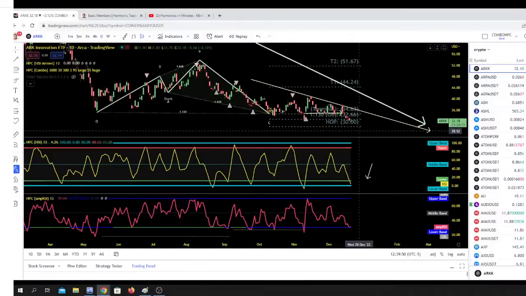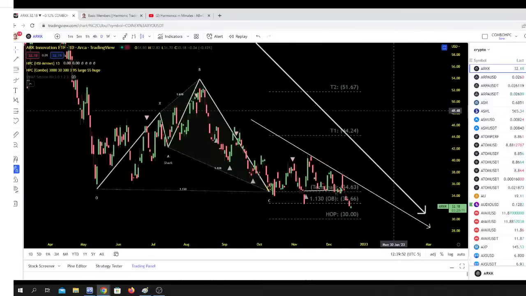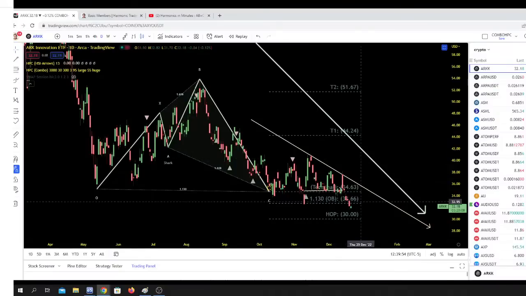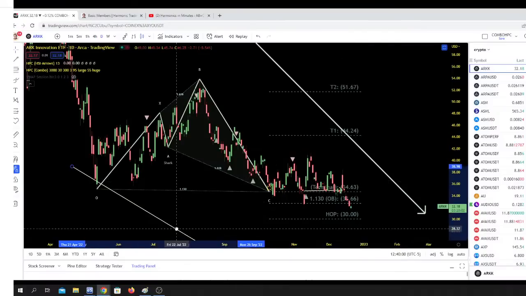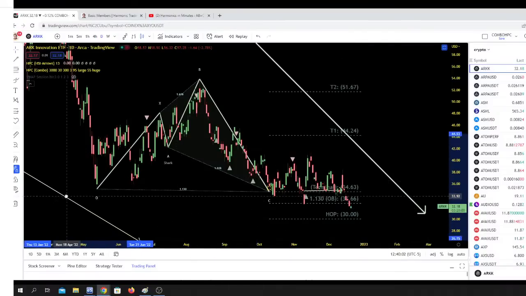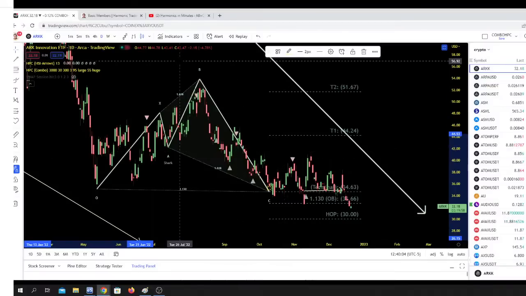If I have confirmation down here, or even better, some kind of significant reversal, maybe I'd consider it. This is the retest of a lot of these zones that we've seen, but in the way that they've done it, like PayPal and the others, it looks like they want to run them.